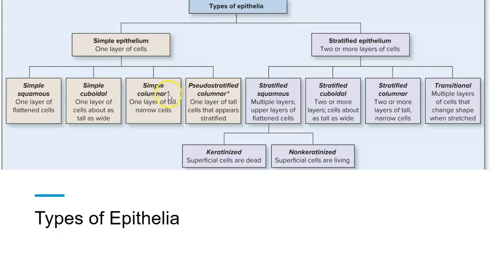Simple columnar, 1 layer of tall, slender cells. Pseudo-stratified columnar. Remember, it's still simple because it's only 1 layer. These are the ones that just appear to be layered. And then you have the same thing with your stratified. The only difference we have here is with the stratified squamous, we have a subcategory of keratinized versus non-keratinized. And we'll talk more about those as well.